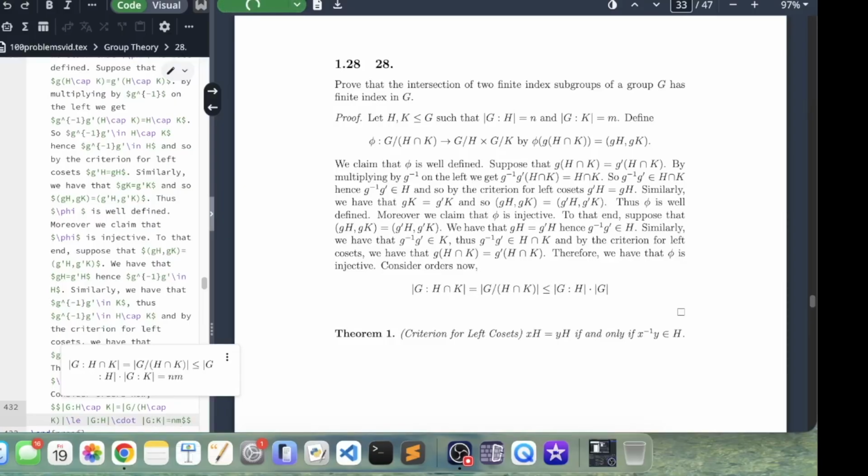It's n times m. So we have that the intersection of two subgroups with finite index has a finite index itself.